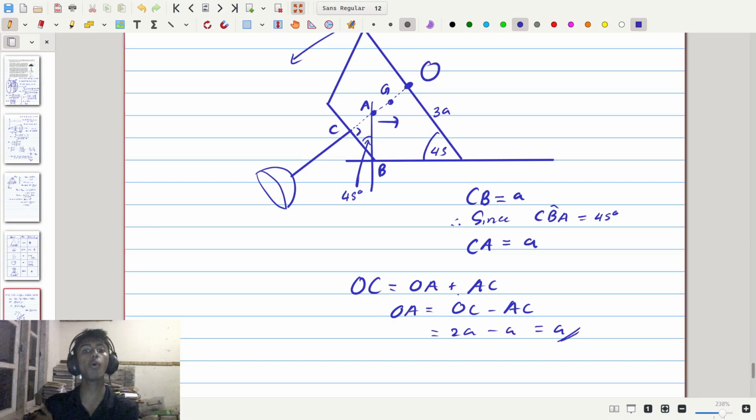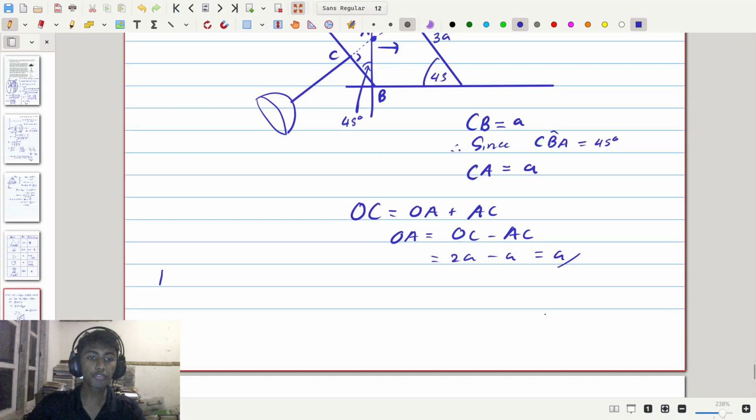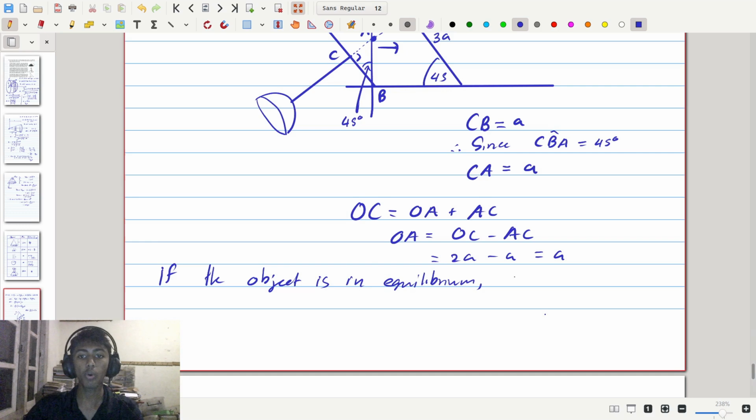And therefore OA length is equal to a. Now we can say, if the object is in equilibrium, the OG length must be less than the OA length.